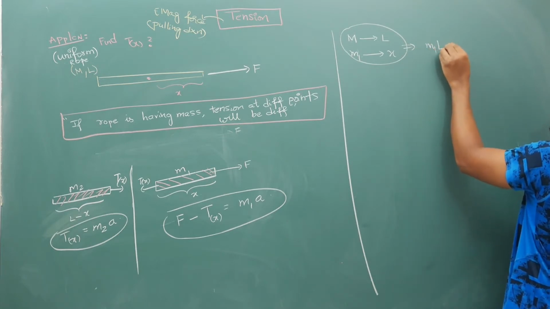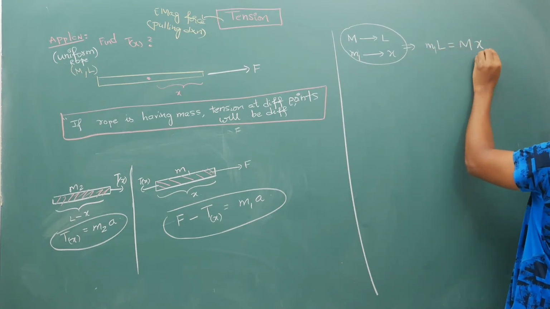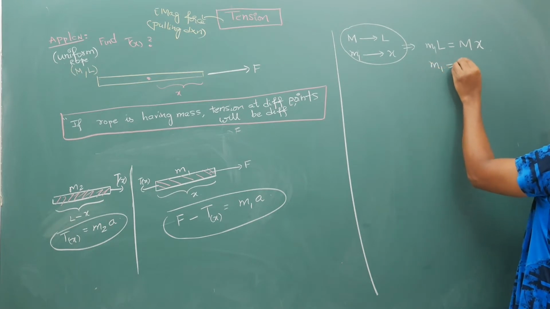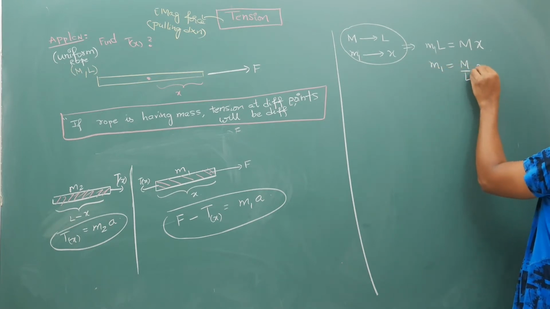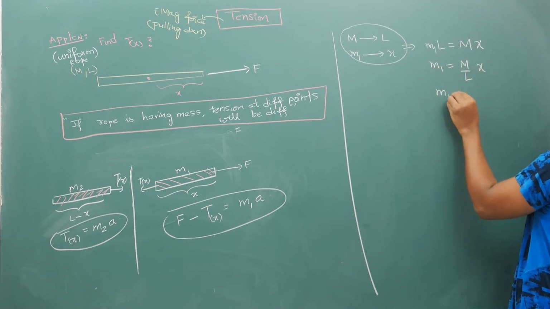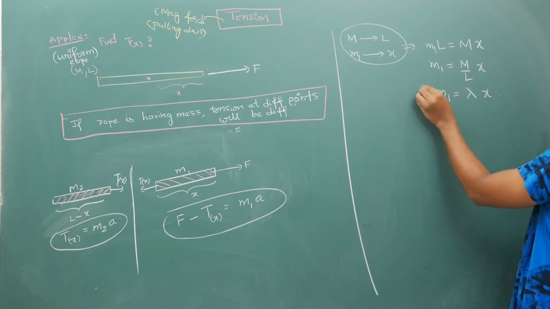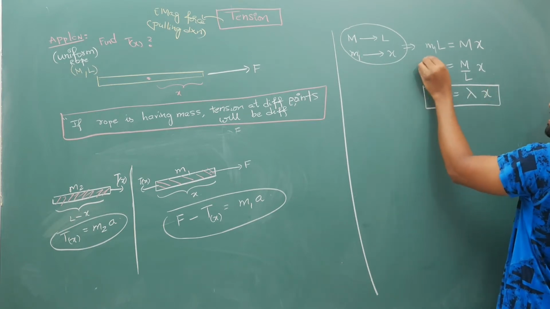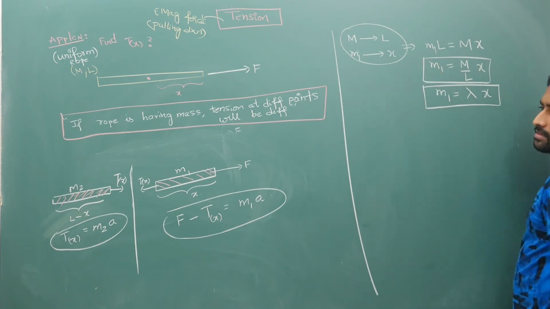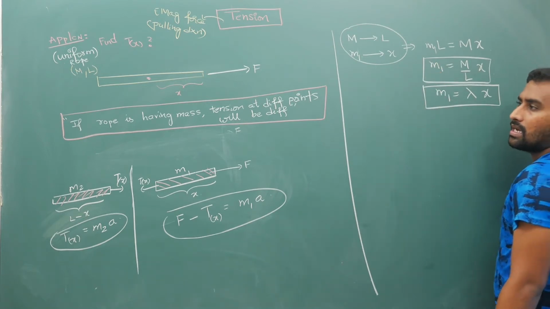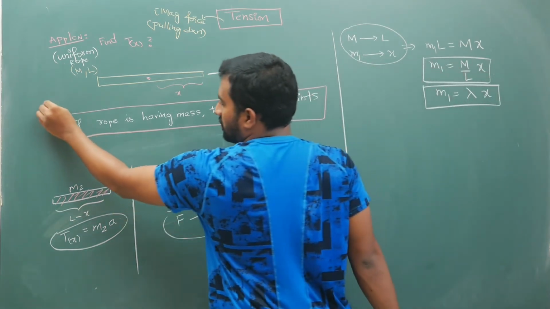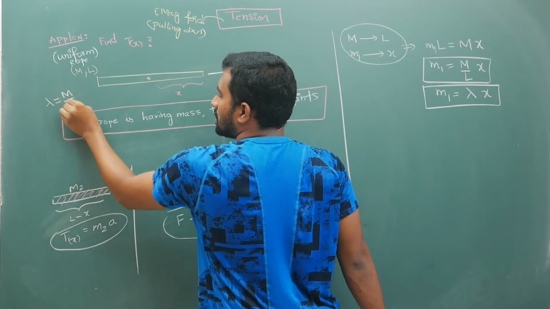So m1 into L is equal to capital M into x. Your m1 is M by L times x, that is, m1 is lambda into x, where lambda is mass per unit length of the rope, that is M by L.